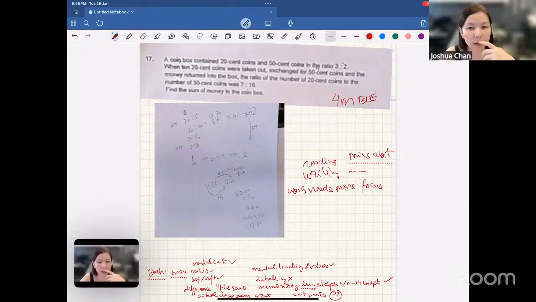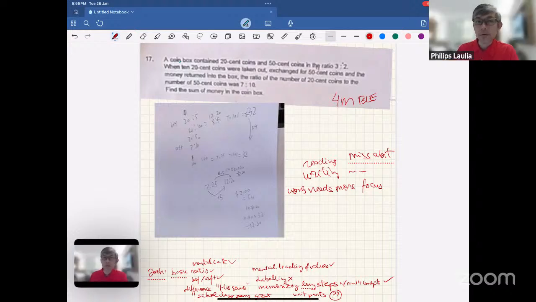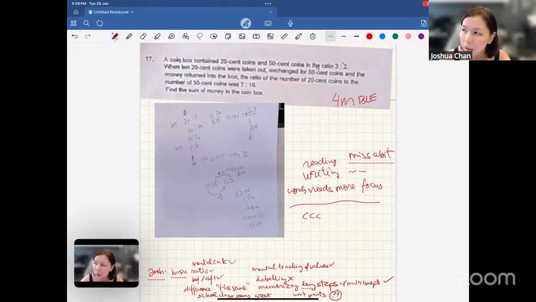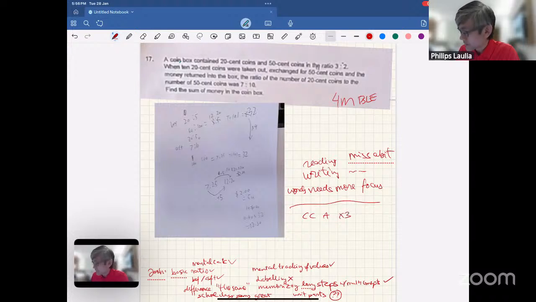Yes, Monday, Wednesday, and then Friday is a standard CCA slot where everybody does their CCA. This will reduce, I think, after May, June holidays. We'll call it until mid-May, usually.